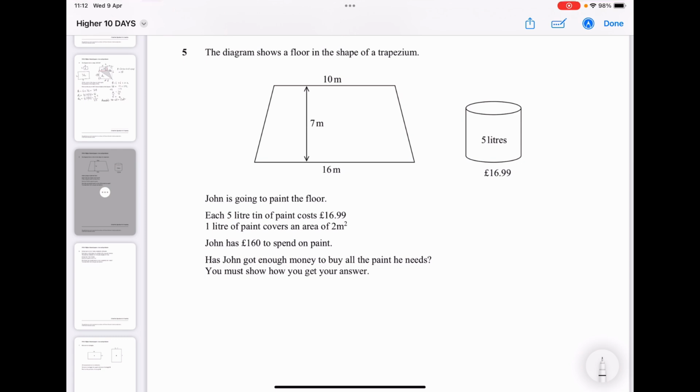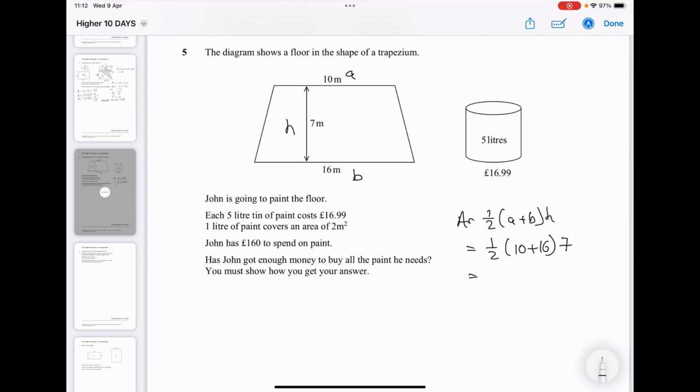First of all, the area of my trapezium is half A plus B times H, where A and B are the parallel sides. The height is the perpendicular between them. So I've got a half, 10 plus 16, times 7.